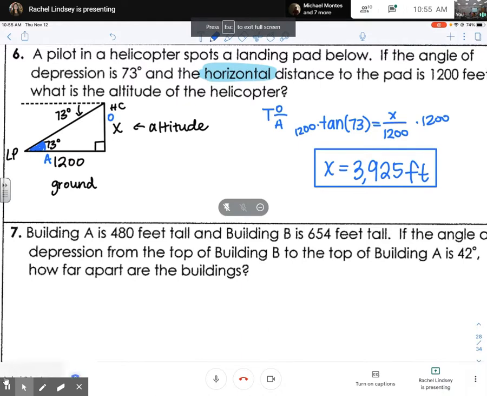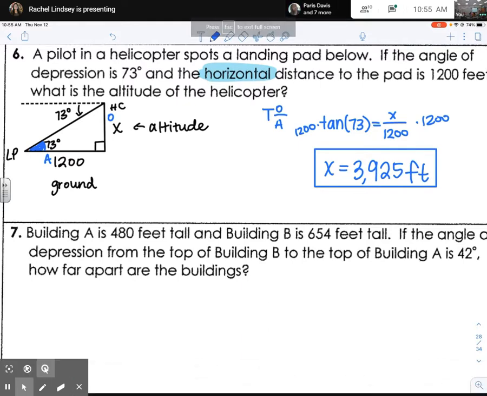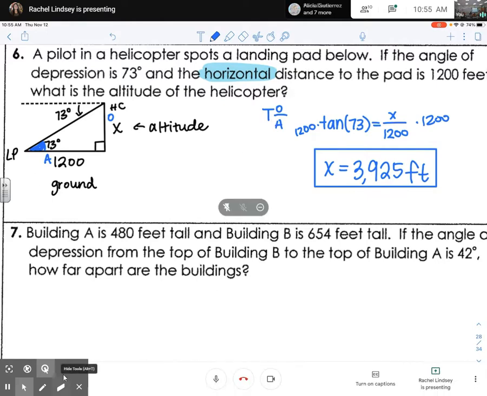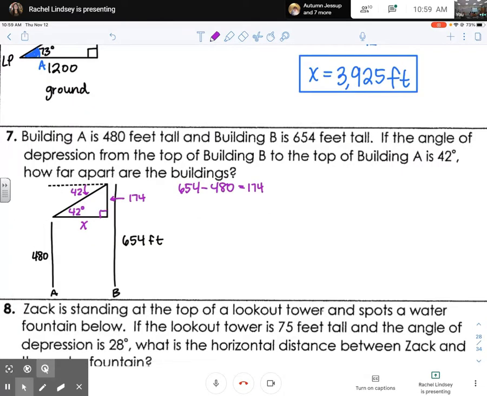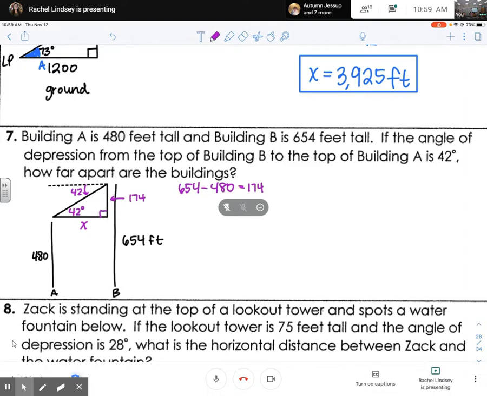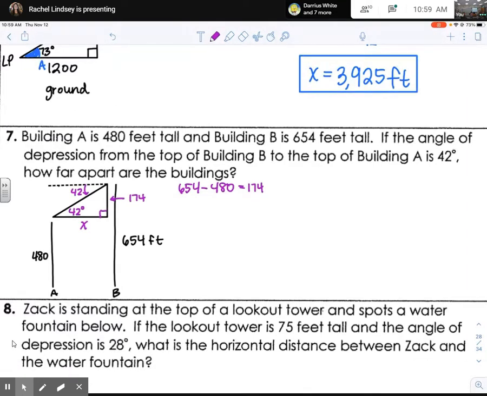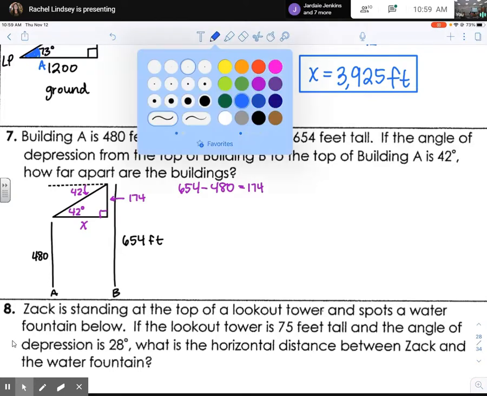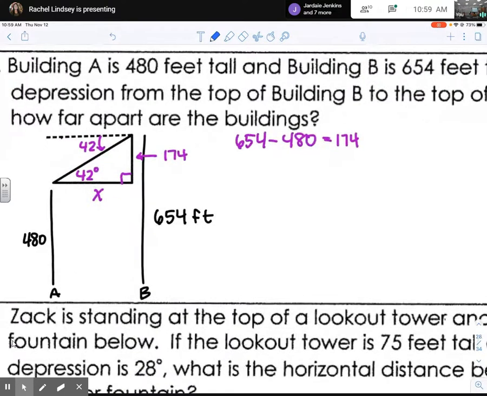Okay, the next one is a little bit trickier. It's kind of like that lighthouse one where you have two different. What do you think? Okay. So now I need to find x. Here's my angle. X will be adjacent, 174 will be opposite.